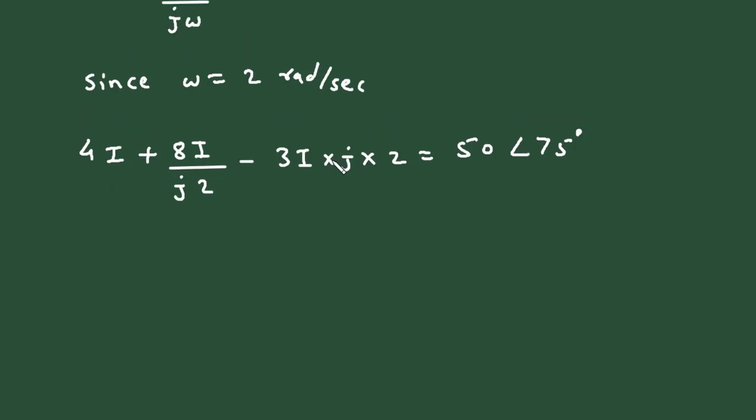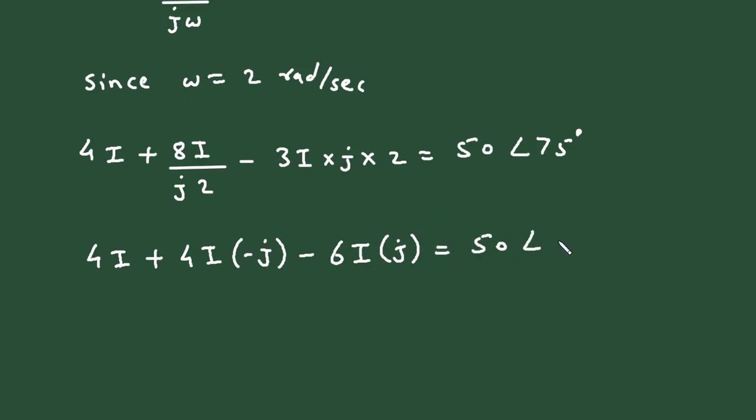Again further simplify this. So this will be 4I plus 8 divided by 2, so this will be 4I, and this 1 upon j, 1 upon j means minus j. So minus, now this will be 3 into 2, so this is 6, and this will be 6I into j. Now it is equal to 50 at an angle 75 degrees.